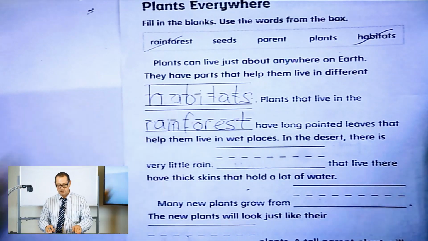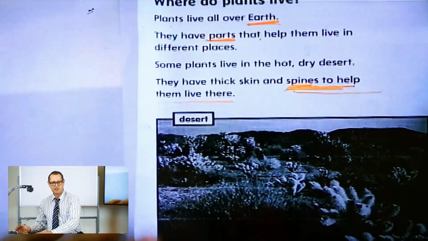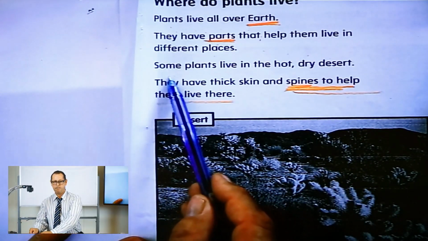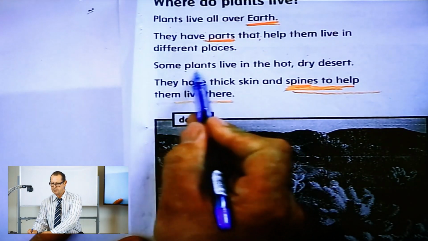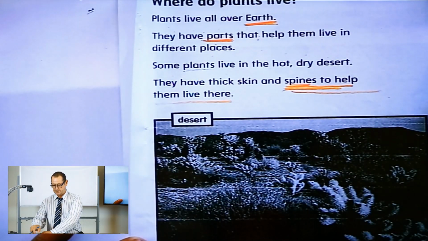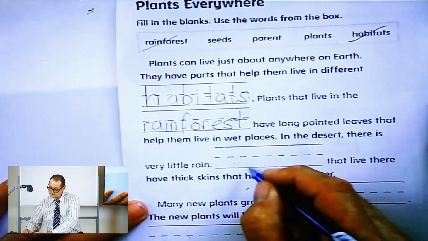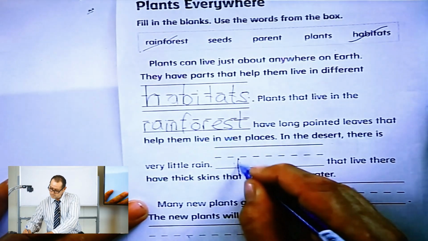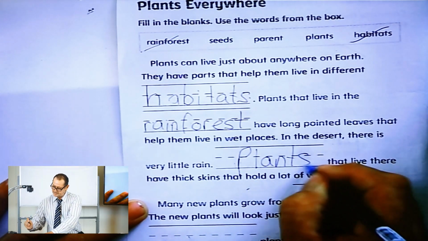So, if we look at this, again, what does it say? Some plants. So we are looking for plants.